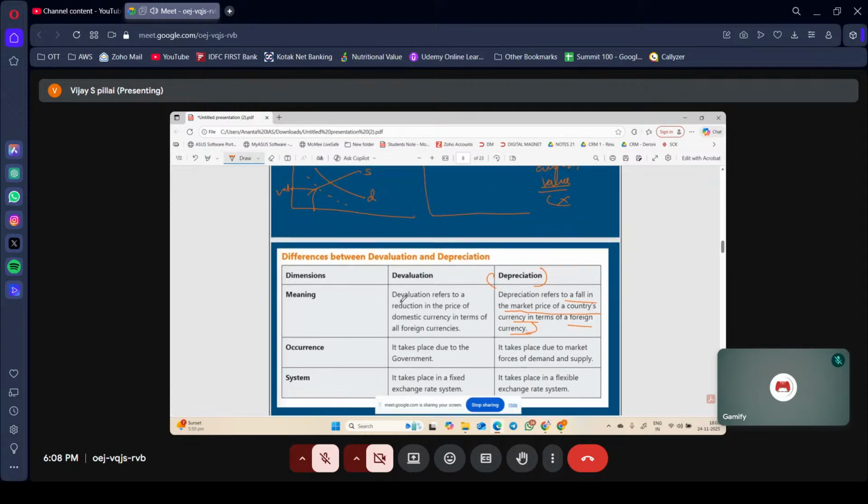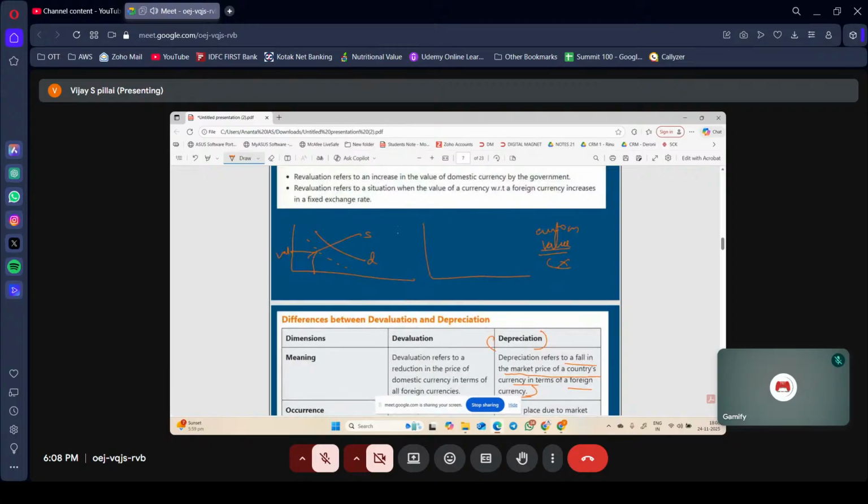Devaluation refers to reduction. That is, intentionally the government is trying to reduce the value.